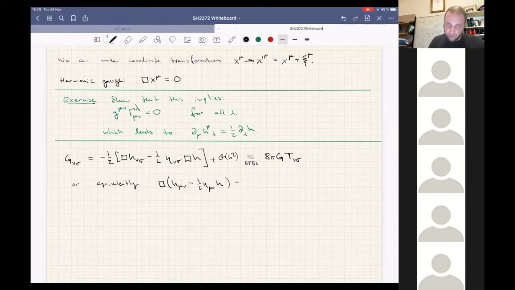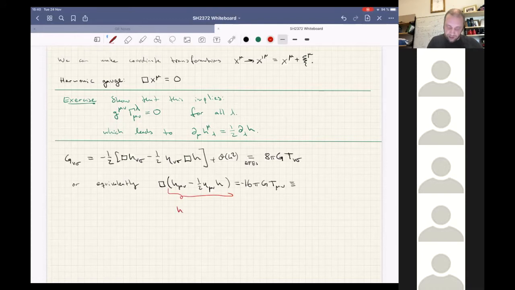That should be equal to minus 16 pi G T_{mu nu}. So just looking at this, we can introduce a new notation for this.